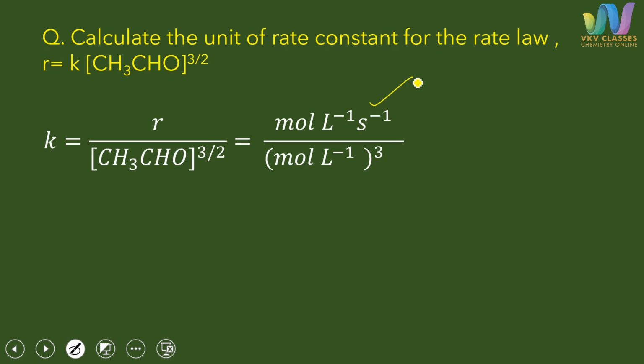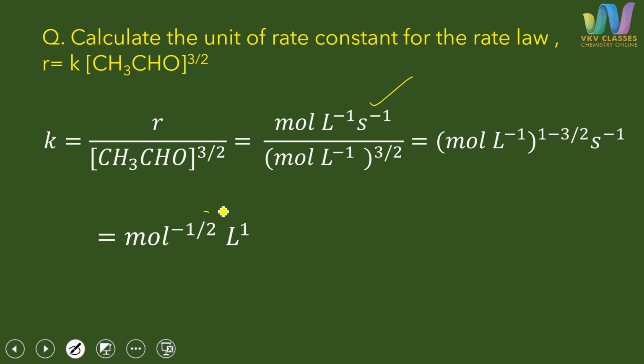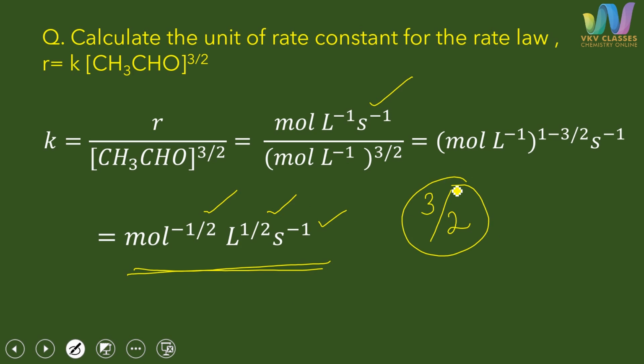Then the concentration unit is mole per liter power 3 by 2. So this gives mole per liter whole power 1 minus 3 by 2, second power minus 1. On simplification you will get mole power minus 1 by 2, liter power 1 by 2, second power minus 1. So this is the unit of a reaction where the order is 3 by 2.